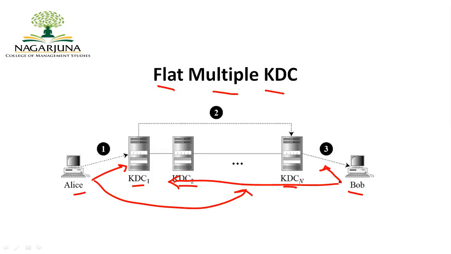Now Bob is going to contact his own KDC and also communicate with Alice's KDC. So that's how the secret keys are shared, so that it helps in performing encryption and decryption operations more securely, efficiently, and effectively.